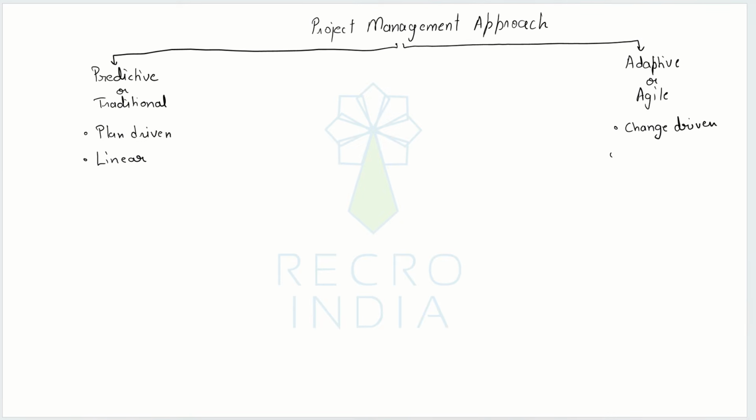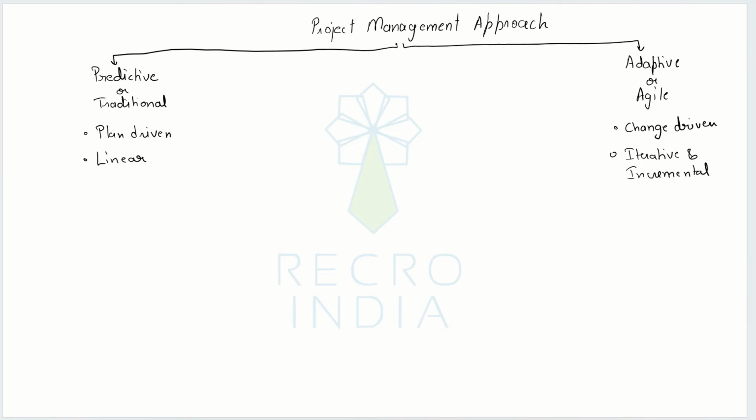Whereas adaptive approaches are usually iterative and incremental in nature, meaning, first of all, let's understand the two terms separately. Iterative means doing something again and again with the objective of refining it, making it better with every iteration, with every repetition. Incremental, on the other hand, means delivering small outputs throughout the time period instead of delivering one single large output towards the end.